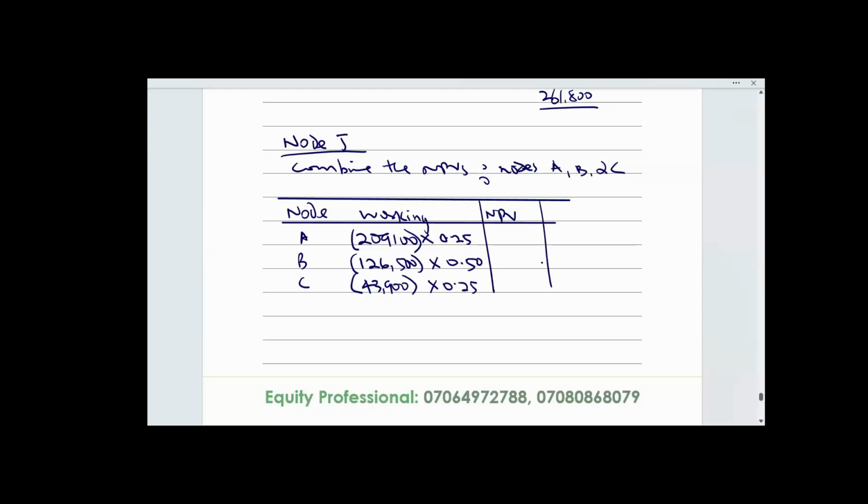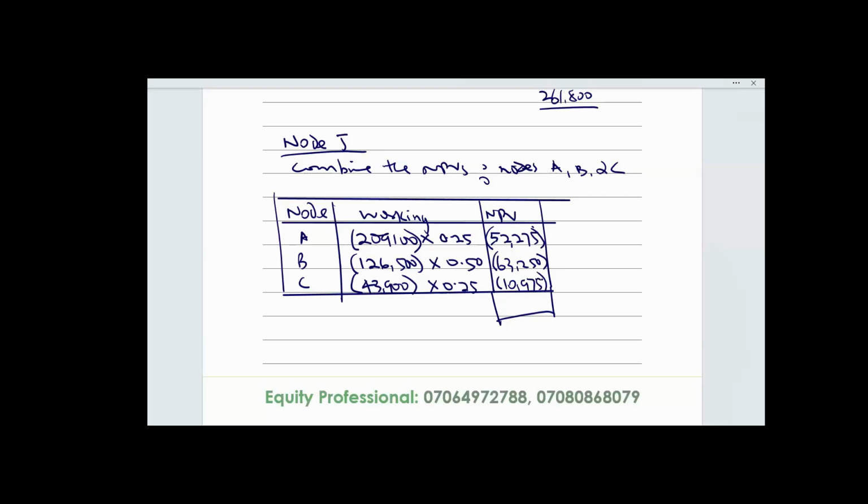So let's multiply. 209,100 multiplied by 0.25 is 52,275, negative. 63,250. 10,975.